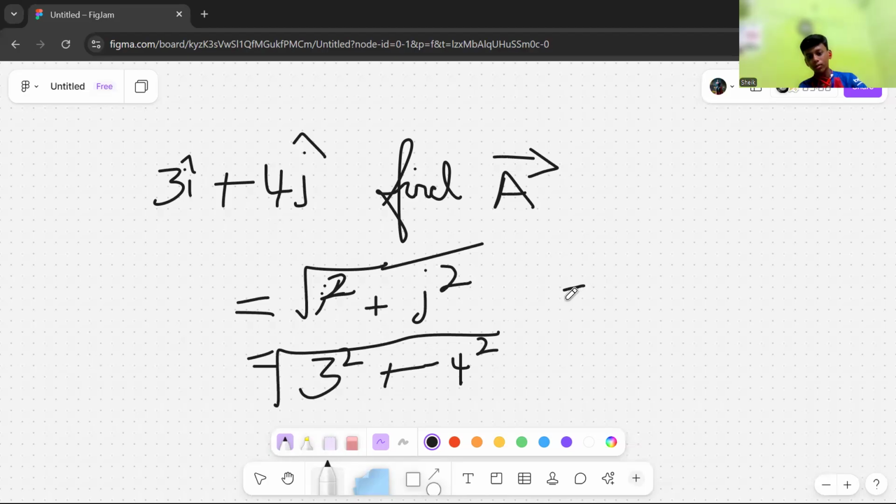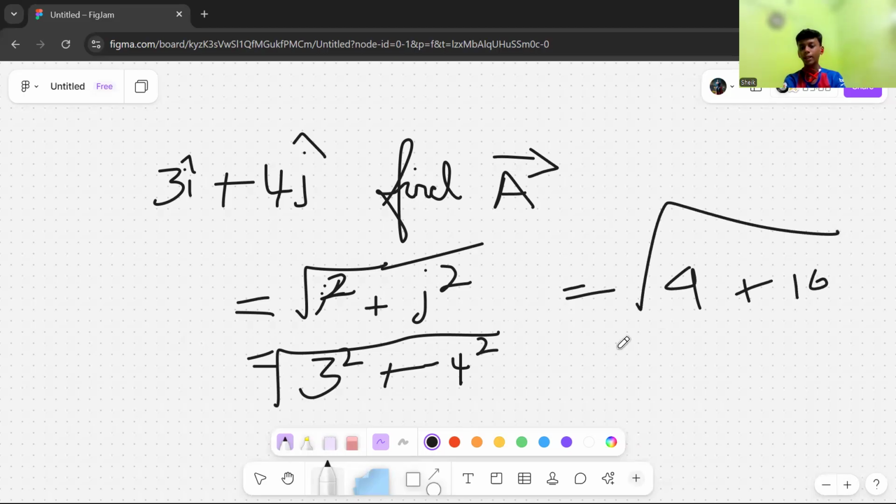So if we square the numbers, we get 9 plus 16. Root of 9 plus 16, which is equal to root of 25. So root of 25 is equal to 5. So the magnitude of vector A is equal to 5.